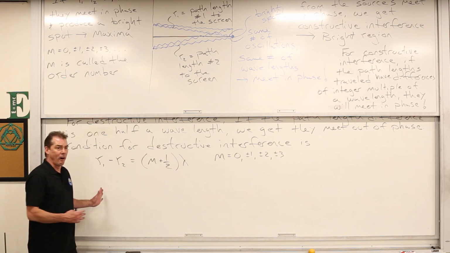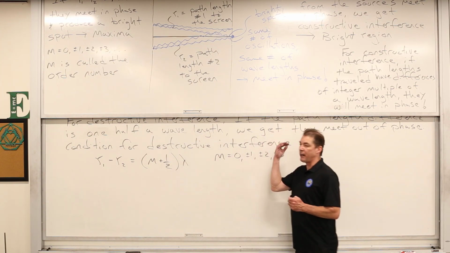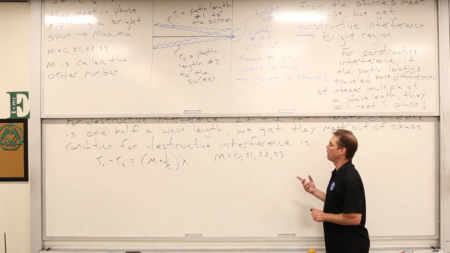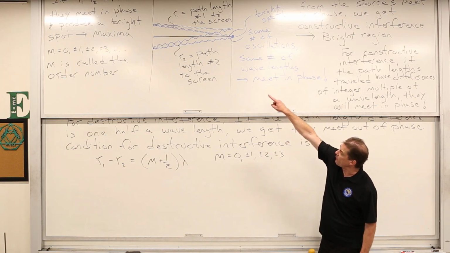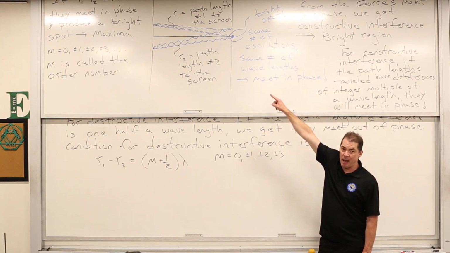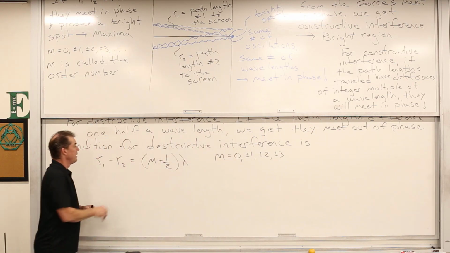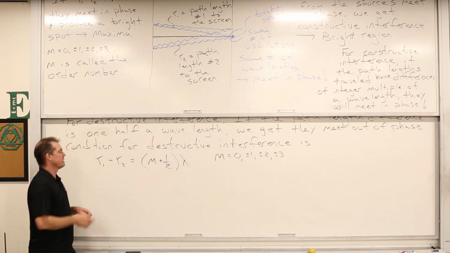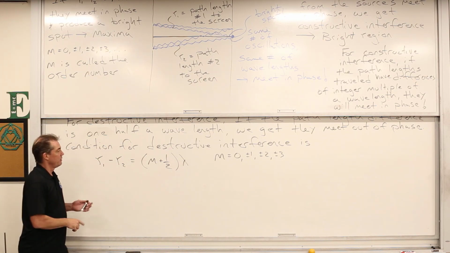As long as overall there's a half a wavelength difference between their path lengths, we've got ourselves a meet out of phase destructive interference. So we got these two conditions here. Constructive interference, m lambda for the path length difference, and destructive interference, the quantity m plus 1/2 times lambda.